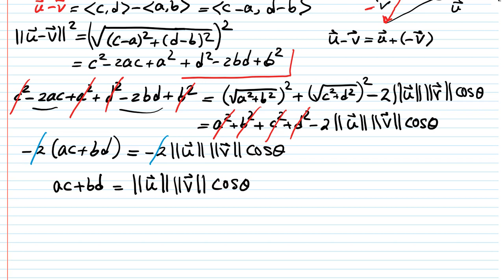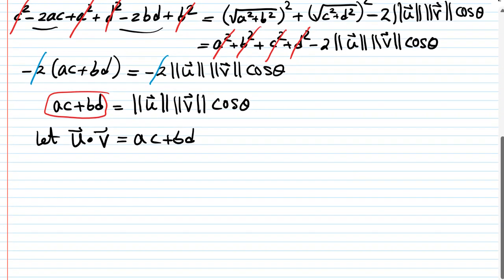Now, the expression that's on the left side, this is what the dot product is called. Okay, so we're going to use now the dot product notation. Let u dotted with v, these vectors, be AC plus BD. And in this case, I can write u dot v, that's the left side, equals the right side.